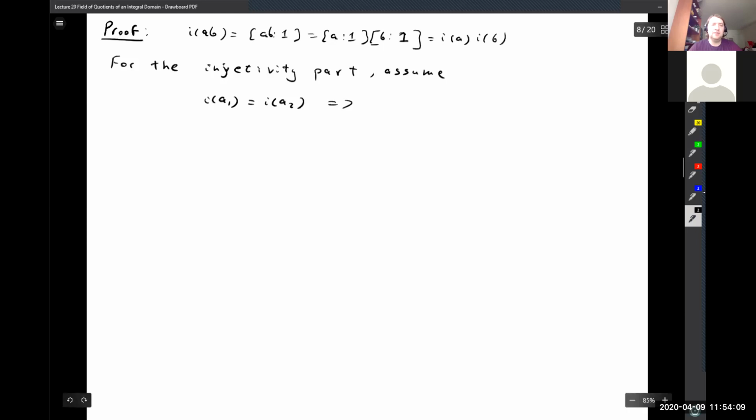That's really the same as A1 over 1 being equivalent to A2 over 1. And this is the same as A2 times 1 equal to A1 times 1. Okay, so no different elements are mapped to the same equivalence class.